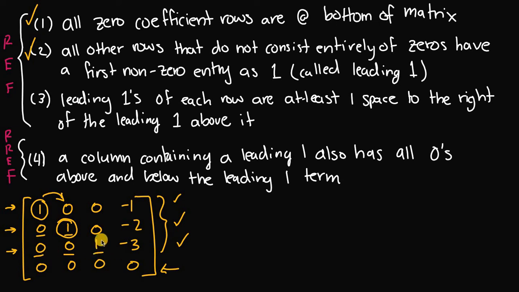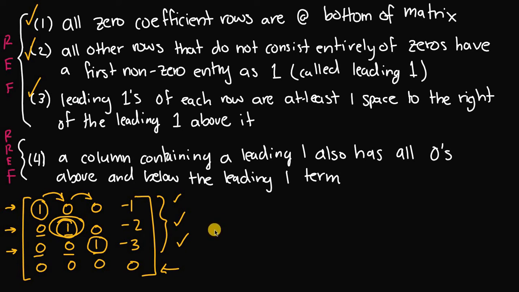How about row 3? Well, the leading one term is here, and that term is at least one column to the right of the leading one above it. And row 4 does not have any leading one terms, so we don't need to check for that rule. So currently, this matrix is in row echelon form because it satisfies the first 3 rules.